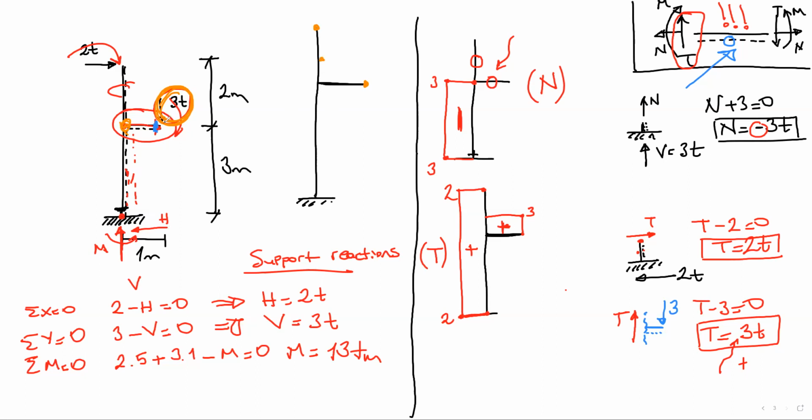By the way, you can calculate the area here. 3 times 1 meter, 3. You can see here, is it positive or negative?